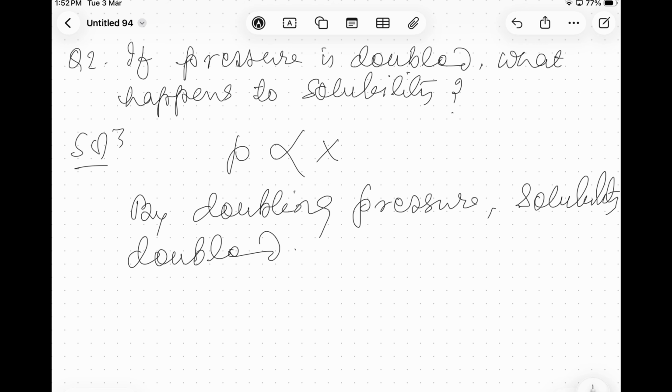Take one more question. This is MCQ type.